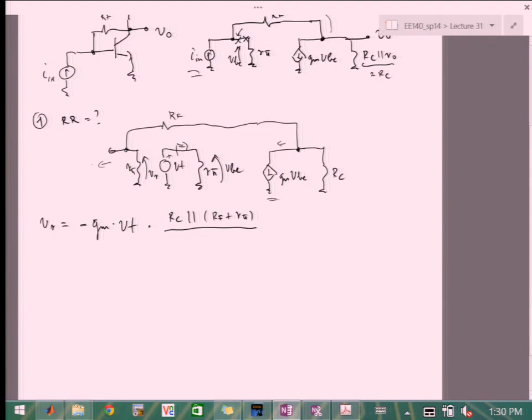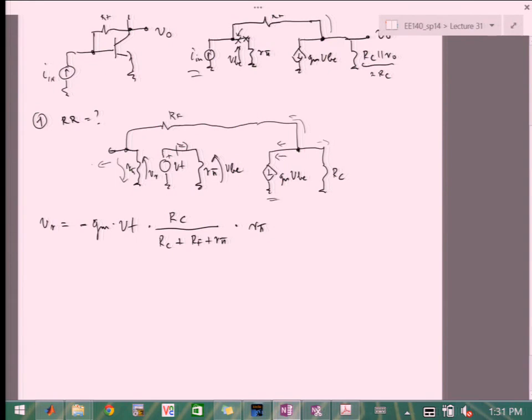Or we can do a little bit better job with that, saying that this current is going and getting a resistive divider or current divider between these two. So it will be really just RC over RC plus RF plus R pi, and then times R pi, because that same current will just flow through R pi and generate VR.